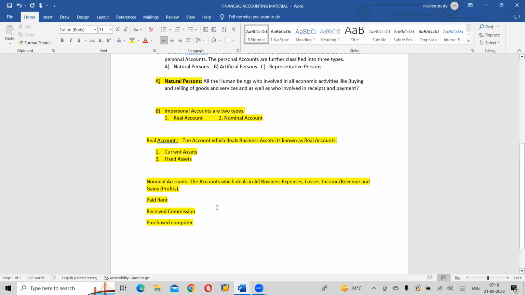See, rent comes under what? How many accounts are included in this particular transaction? Paid rent, in the sense, we will pay rent to cash. So two accounts are there here: rent is one account and cash is another account. So in account group, we are going to map rent under which group?